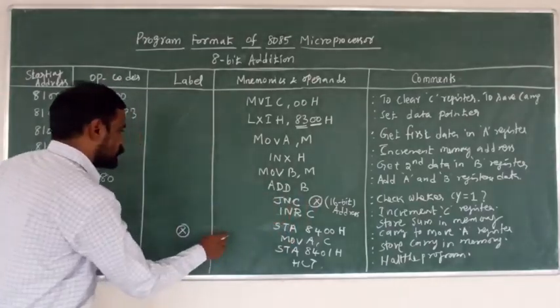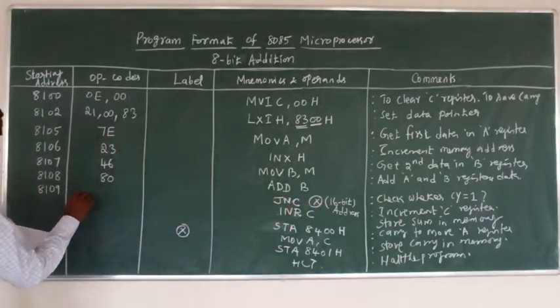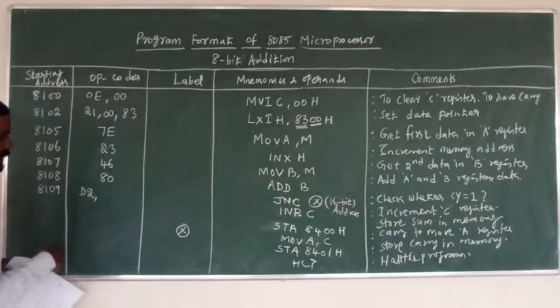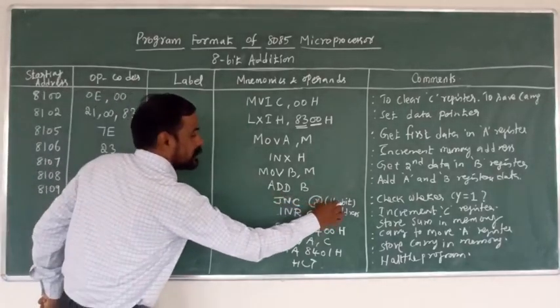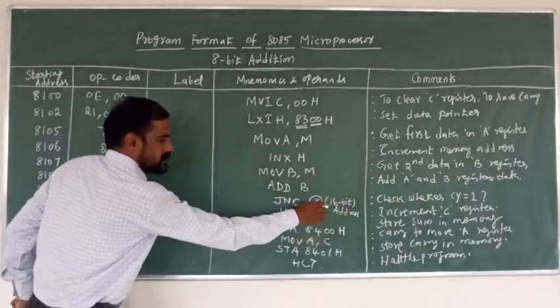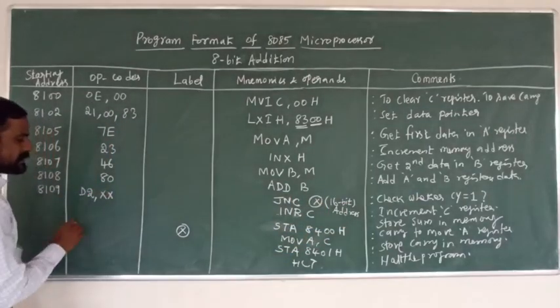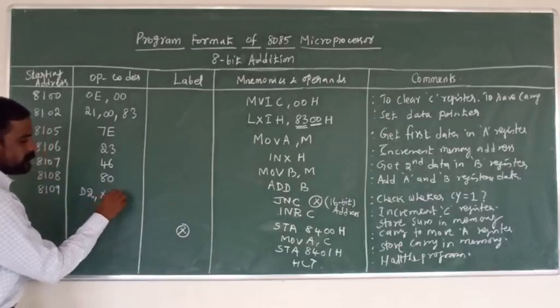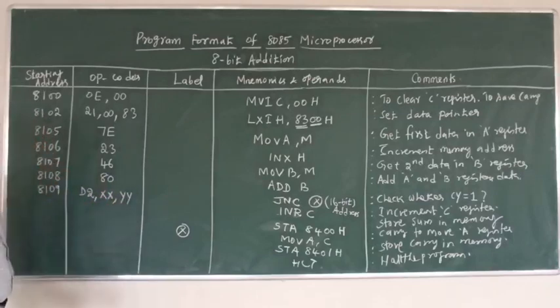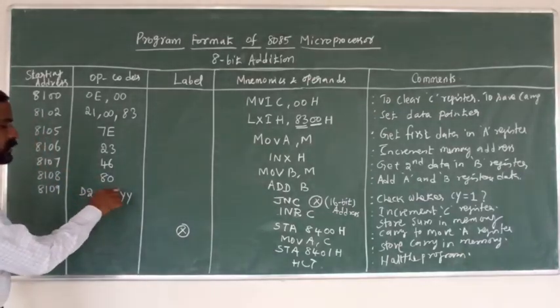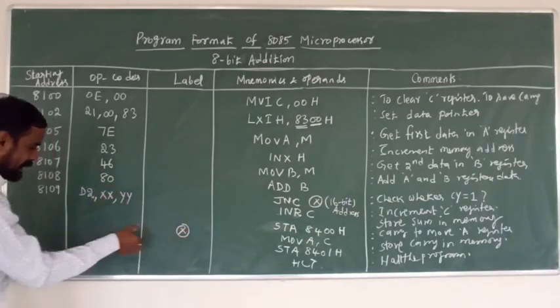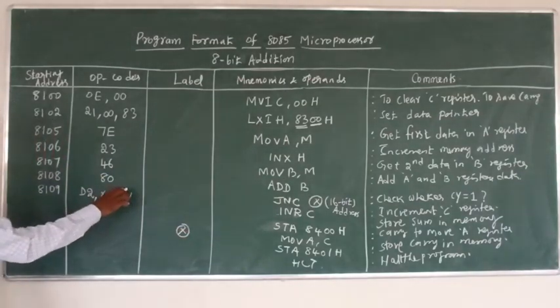The first byte is the opcode, JNC opcode D2, and then we have to represent the 16-bit address. Now the address is unknown, so we can represent it as XX, YY. After that we can fix the exact address here.